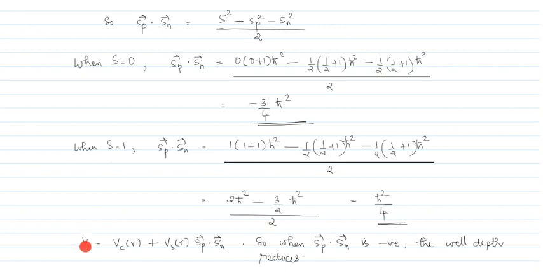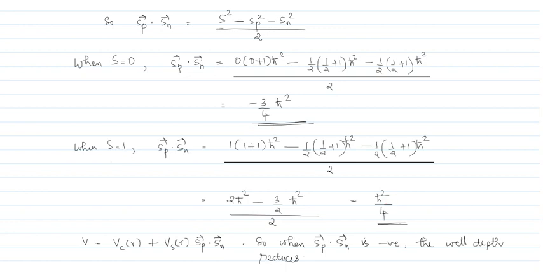So the potential term appearing in the Hamiltonian will of course contain Vc of r plus a spin dependent term, and the sign of this term will depend on the value of Sp dot Sn. We see that Sp dot Sn is negative for the S equal to 0 case, and it is positive when S equal to 1.